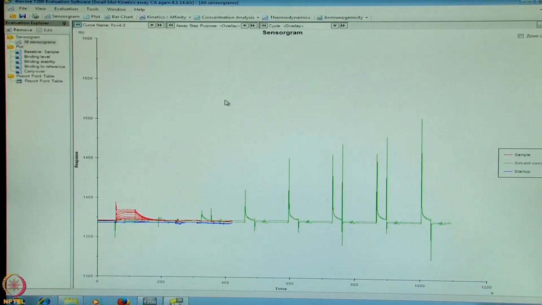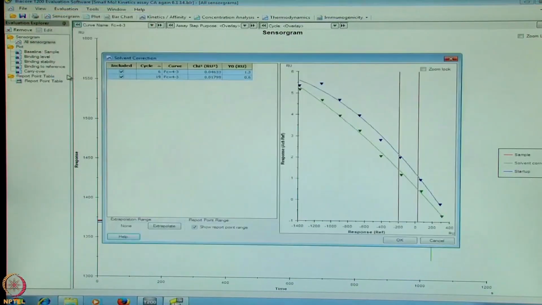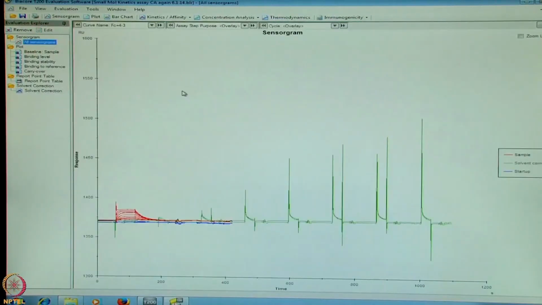In order to evaluate this data, we have to go into the evaluation, add solvent correction, and once the solvent correction data looks okay, say OK, and the data is now subtracted from the sensogram. From this again, we go into the kinetic affinity mode, surface bound.